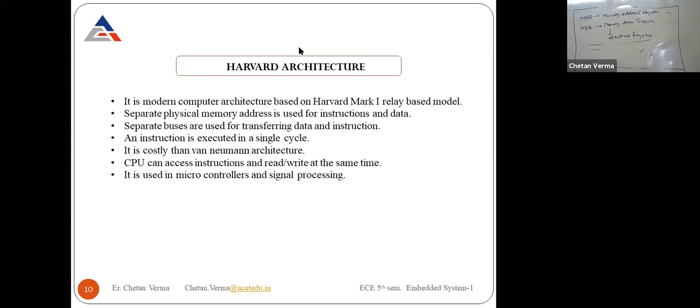That is the major reason we use the Harvard architecture right now in different microcontrollers and processors. So those are the topics I wanted to discuss: Harvard architecture and von Neumann architecture with block diagrams, and the benefits, advantages and disadvantages of both of them.